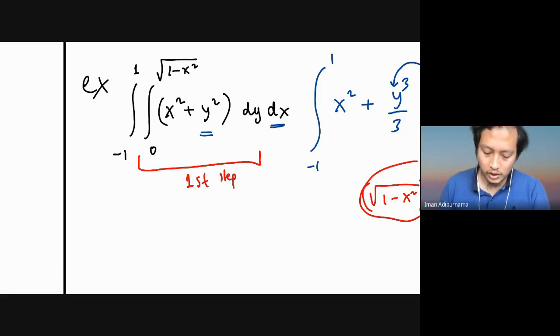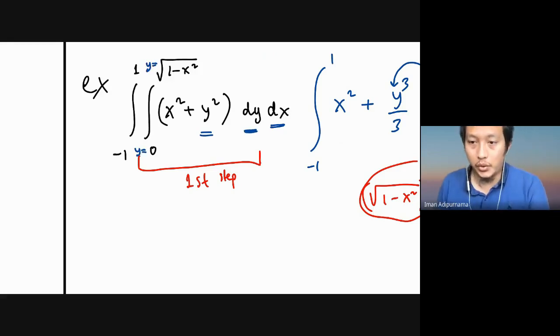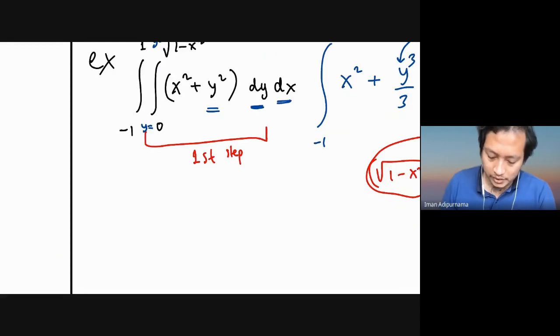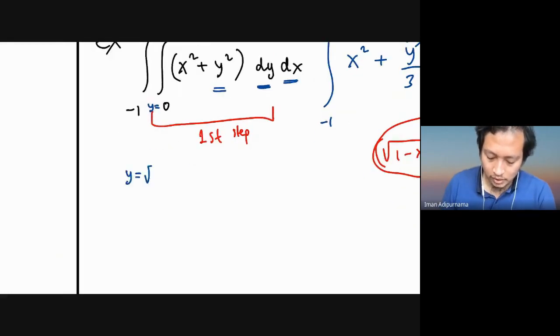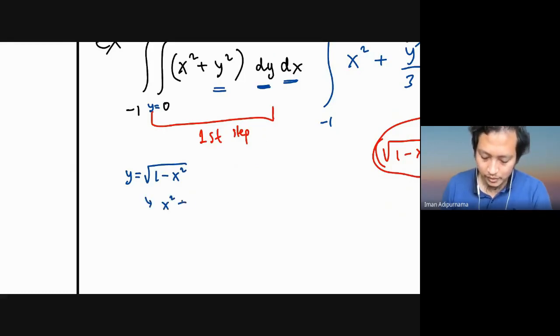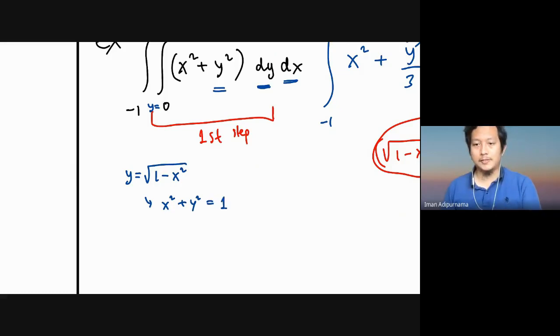It starts from y equals 0 and ends at y equals square root of 1 minus x squared. Now first, look at y equals square root of 1 minus x squared. If we try to simplify this, we get these terms, right? And we know that this is a circle.